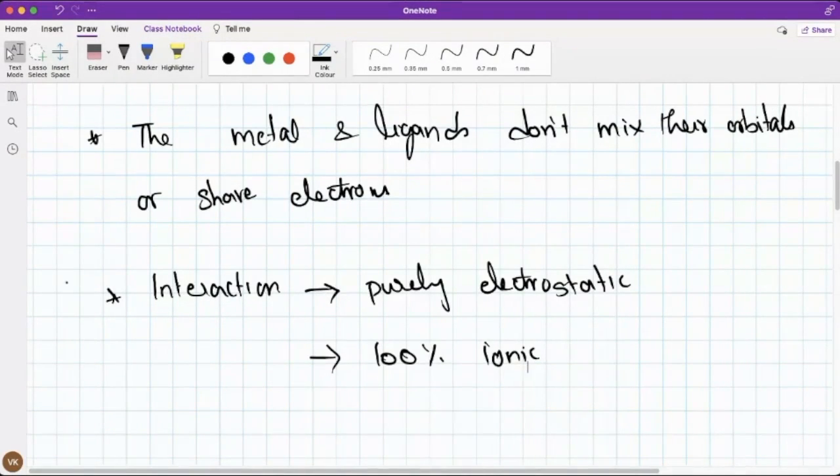So here we are going to see crystal field theory with respect to two geometries. One is octahedral, another is tetrahedral. Before going into them, let's have a look at how the orbitals are.